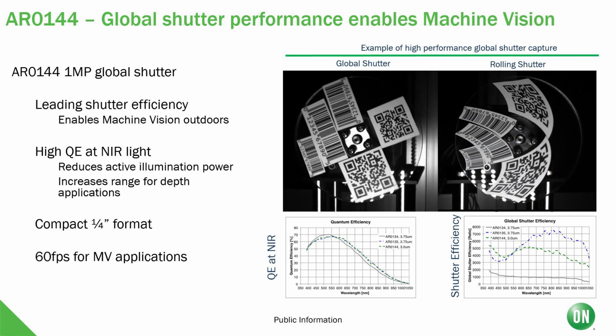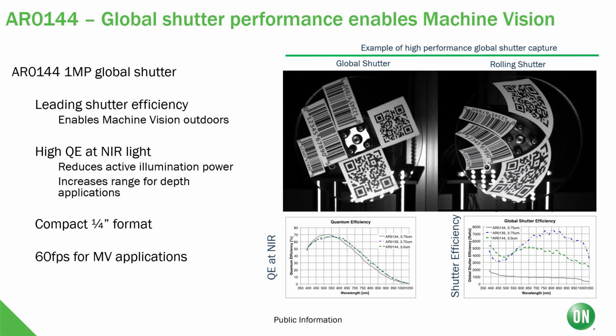A traditional sensor, the way it captures will distort the image, and we can see on the right it's very difficult for a machine vision algorithm to then determine the results of that barcode. The global shutter on the left keeps the image square without distortion.